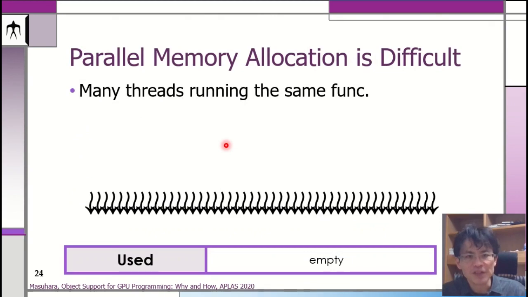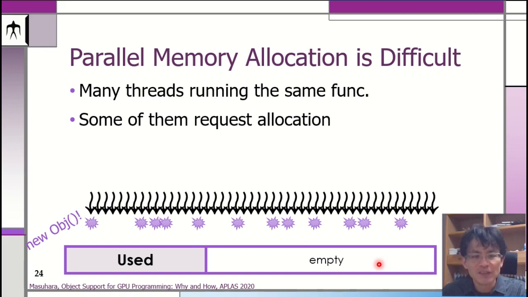This is not actually easy, because of the need to achieve locality. Assume there are many threads running in parallel, and there is a big heap. Some part of the heap is already used, and the other parts are empty. Those many threads are running the same function, and some of them request new objects, meaning new memory allocations.